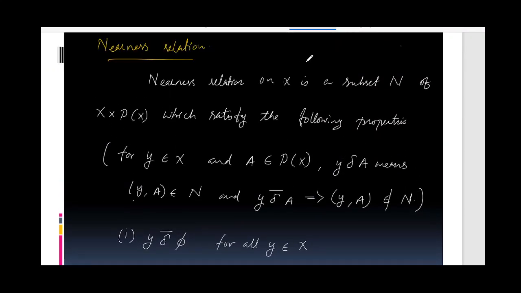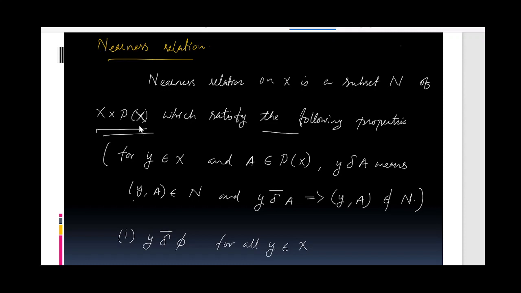So the nearness relation exactly says that a point is near to a set. First of all, we are having this subset of X cross P of X. We are taking a subset of X cross P of X, so the first element should be a point and the second one should be a set.